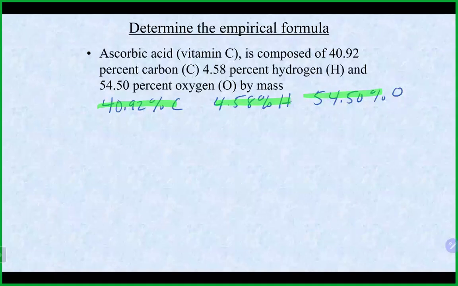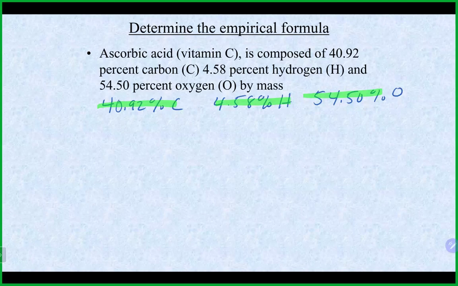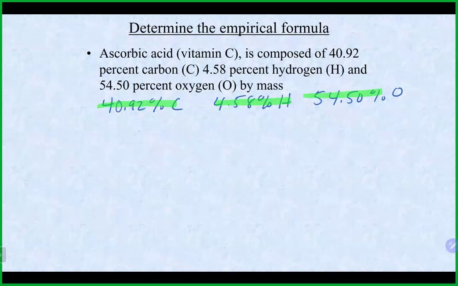And here we got 54 and 40, which is about 94, and 5 gets us about 99, plus the little extra left over there, which gets us to about 100%. So we're definitely about 100% here. And that means we could assume 100 grams.